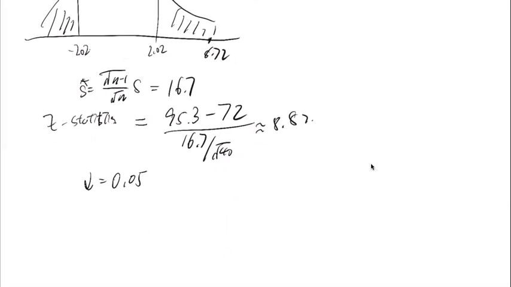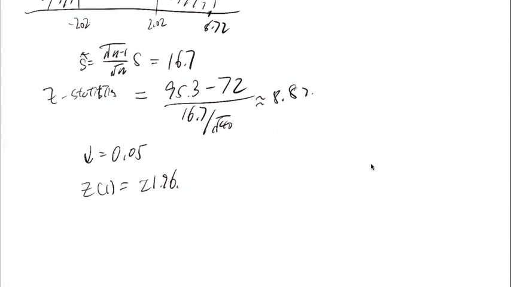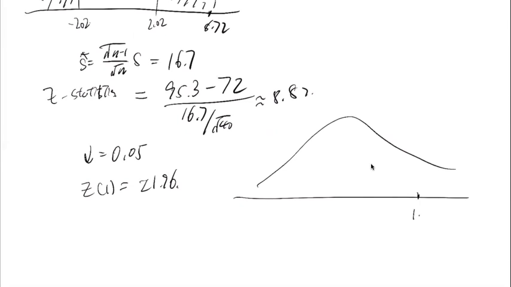In this case, the z-value corresponding to 0.05 is plus or minus 1.96, so on the z-scale, the critical values are 1.96 on both sides.